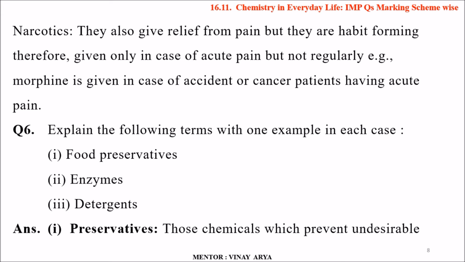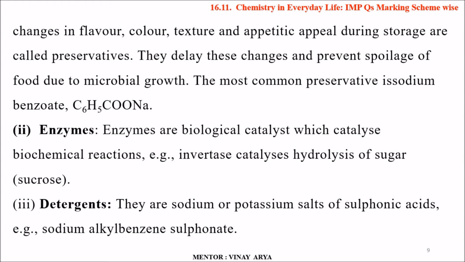Question number 6. Explain the following terms with one example in each case. First, food preservatives. Second, enzyme. Third, detergents. So, first one, preservatives: those chemicals which prevent undesirable changes in flavors, color, texture and appeal during storage are called preservatives.